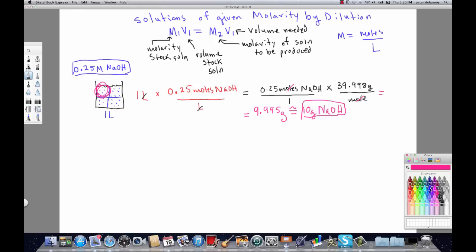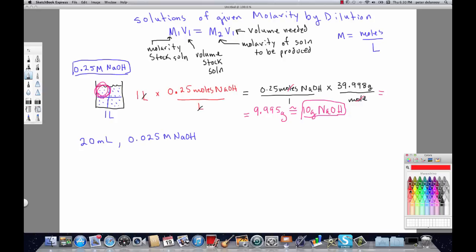Now, what is it that we actually want to make? The target solution in this case is going to be a 20 milliliter solution that is 0.025 molar NaOH.